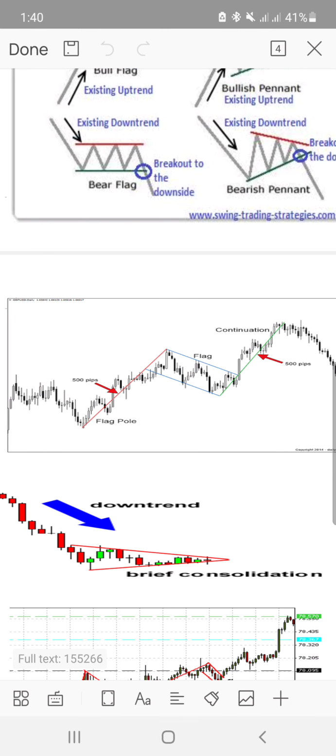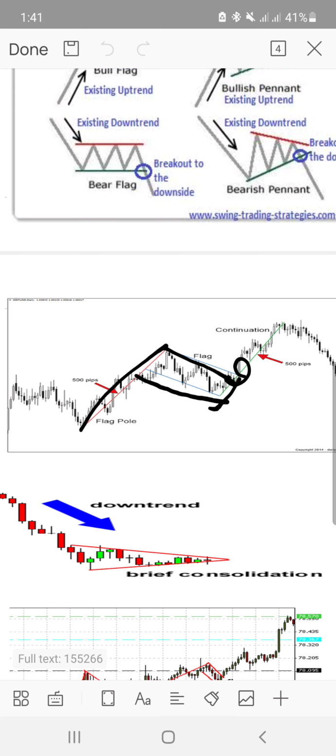Look at this. This is the flag pole. Every flag has the pole and the flag itself. Then look at how price ranges like this before there's a breakout.